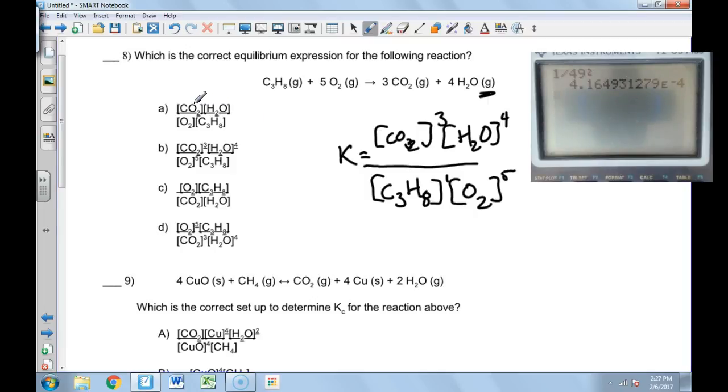Okay, so which one is that? That has no powers, it can't be that. Well, in this case, it is going to be this one. This one is reactants over products, and this one is reactants over products with the correct powers. So the answer here, though, is B.